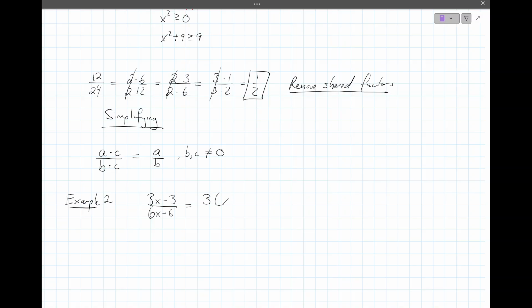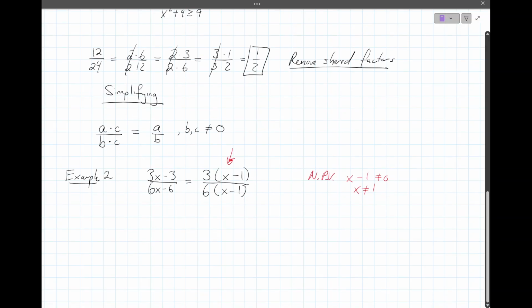What I'm going to do is take a GCF where I can, especially if my goal is simplification. I want to simplify this, and this is 6 times x minus 1. I'm going to get the restriction from this step. The non-permissible value is that x minus 1 cannot equal 0, so that means x cannot equal 1.